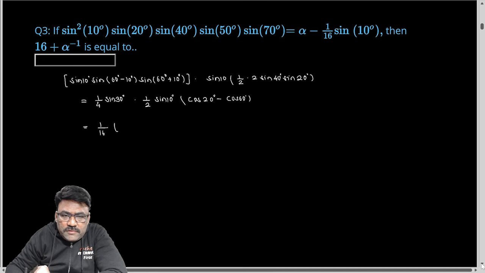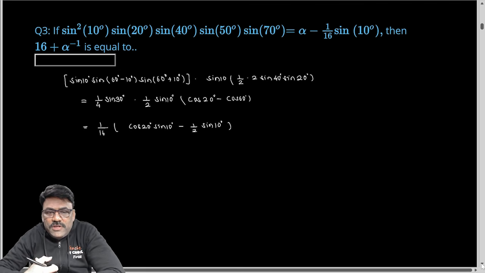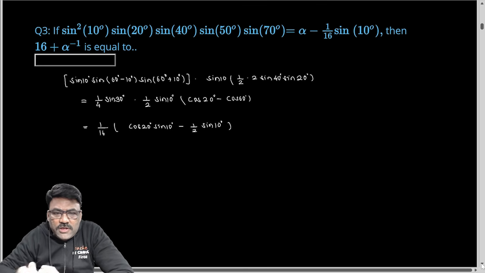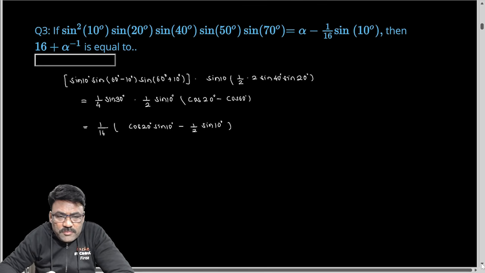Now multiply, you will get cos 20 sin 10, and cos 60 is half, so half sin 10. Cos 20 sin 10 minus half sin 10. Now again use the 2 cos A sin B formula here. So let's multiply with 2 here. Since you have multiplied by 2 inside the bracket, outside the bracket you will take half.